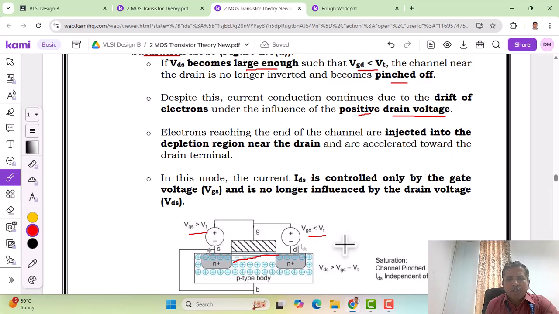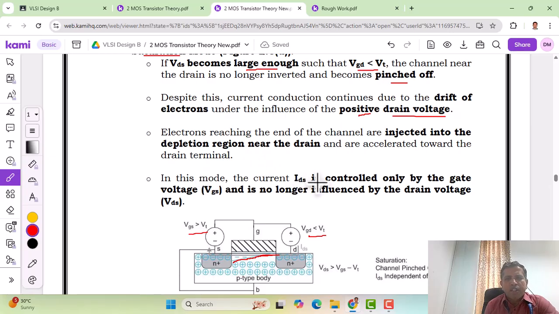This forms a channel, and VGD less than VT pinches the channel on the drain side because it becomes less than the threshold voltage. So the electrons reaching the end of the channel are injected into the depletion region near the drain. As we can see, the channel has been completely saturated and they are accelerated to the drain terminal here. They are injected into the drain terminal here.